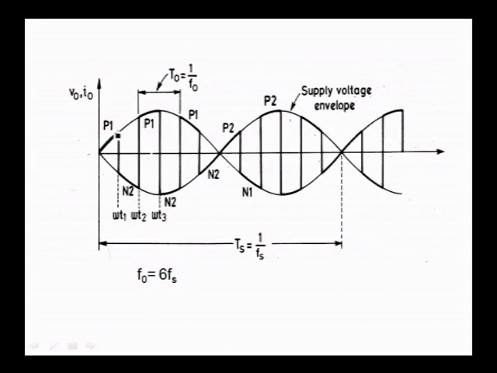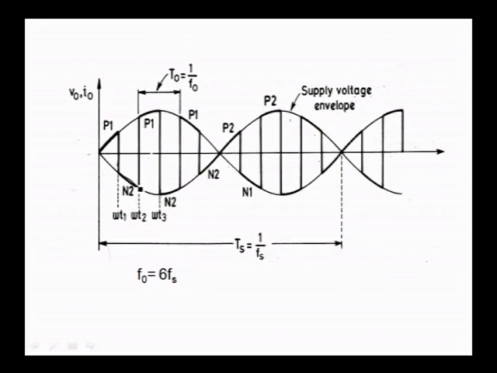At omega t equal to omega t1, P1 is force commutated, that is, turned off, and N2 is turned on. When N2 is turned on, the output voltage becomes negative and follows the negative envelope.